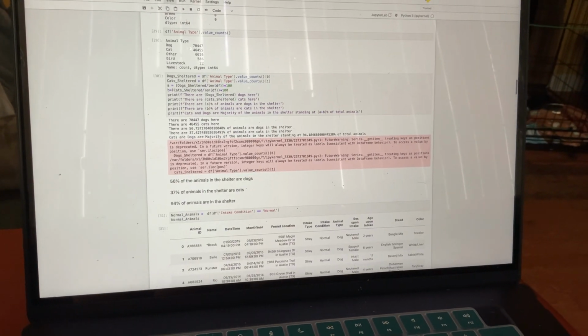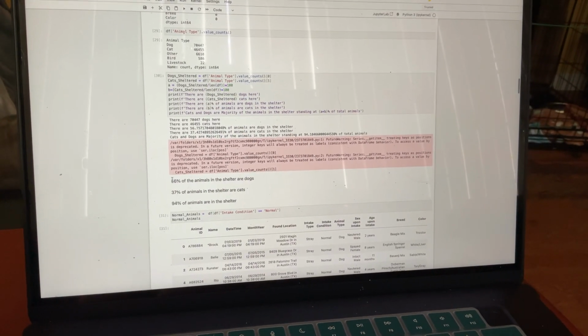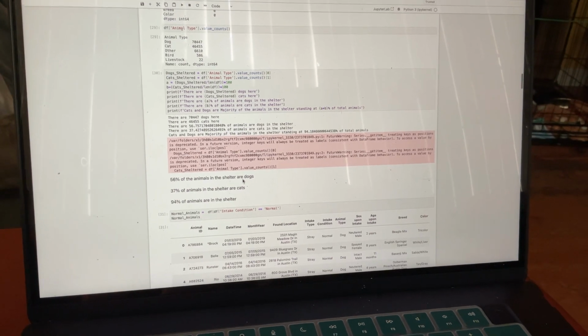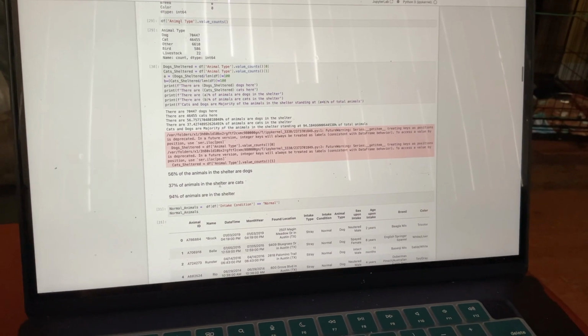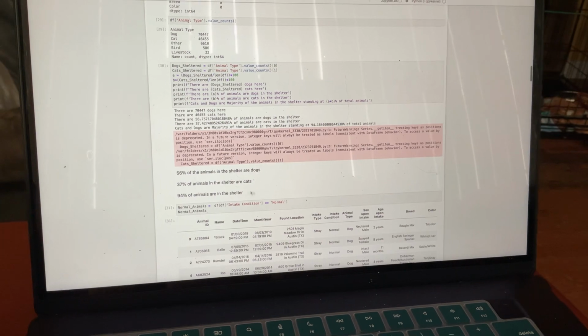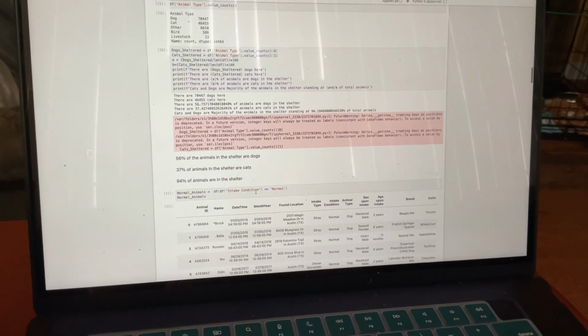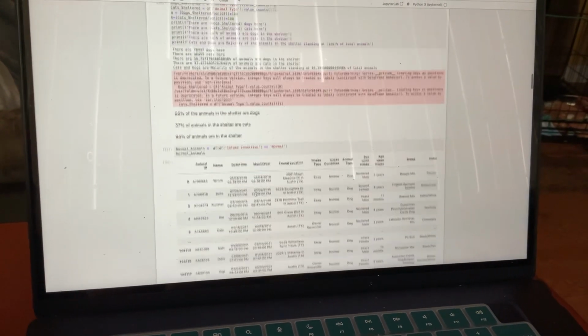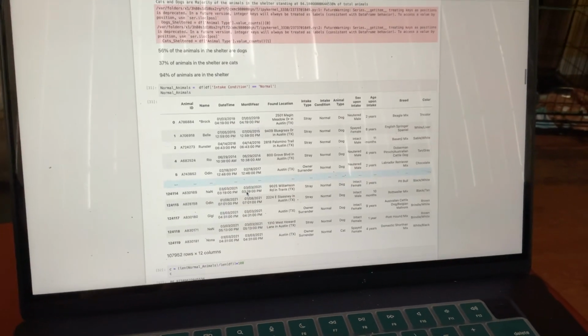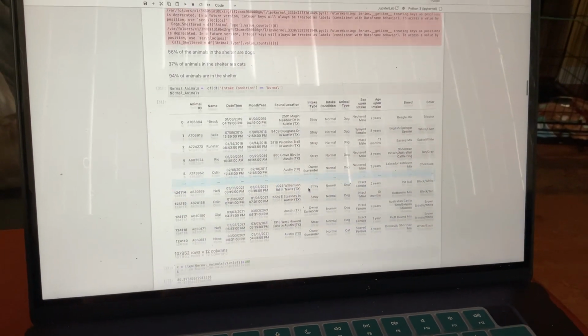So instead of that, I put it here. So 56% of the animals in the shelter are dogs, 37% of the animals in the shelter are cats, and there are 94% of animals in the shelter. So for the normal animals, this is the normal animals.